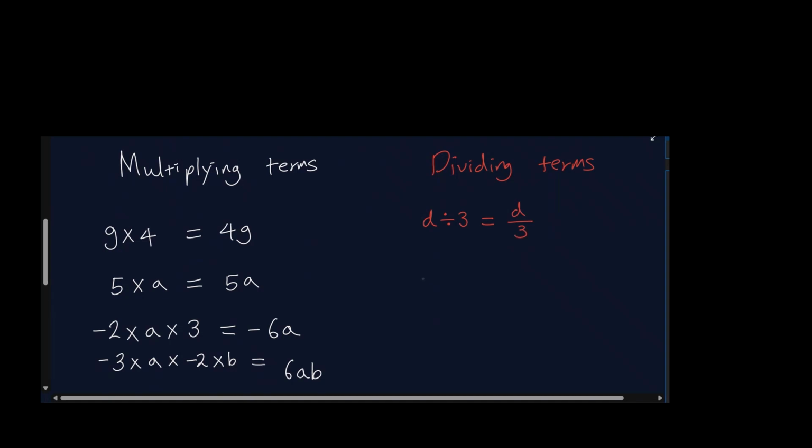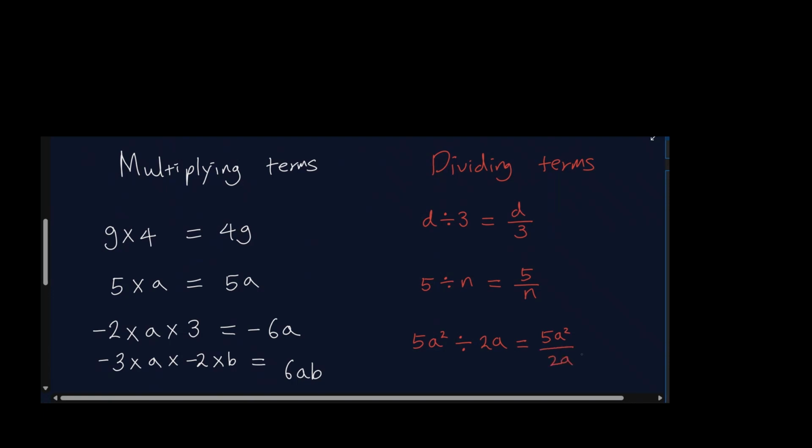And if we have 5 divided by n, we would write it as 5 over n. Okay? And if we have 5a squared divided by 2a, let's write it as a fraction first. So it's going to be 5a squared over 2a.